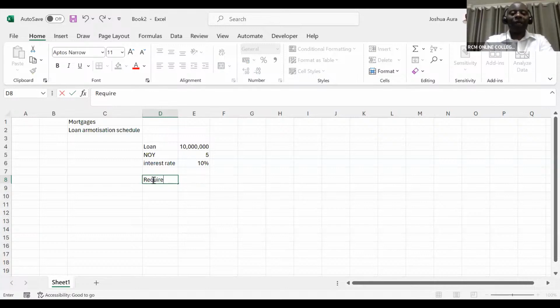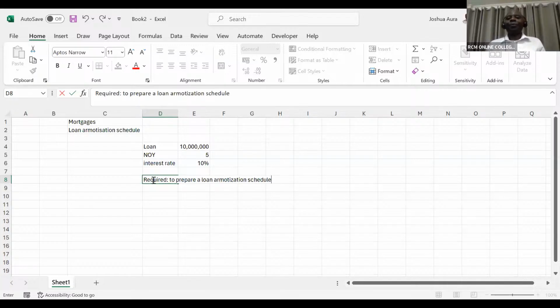You are required to prepare a loan amortization schedule. How do we do this?